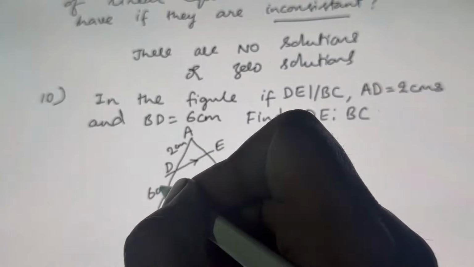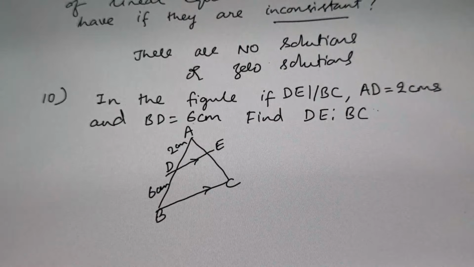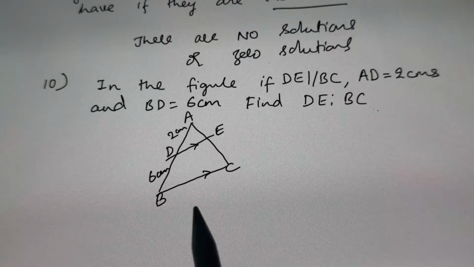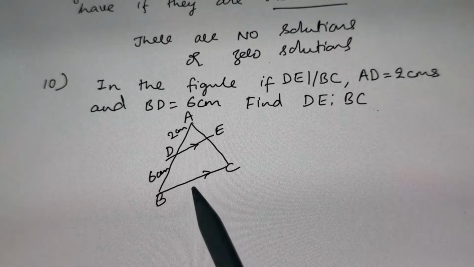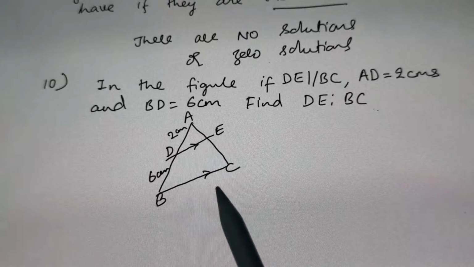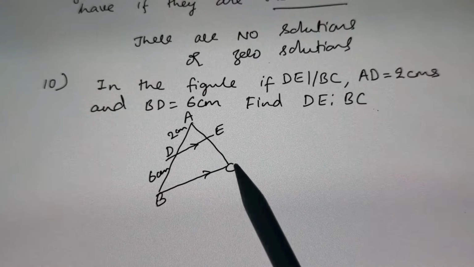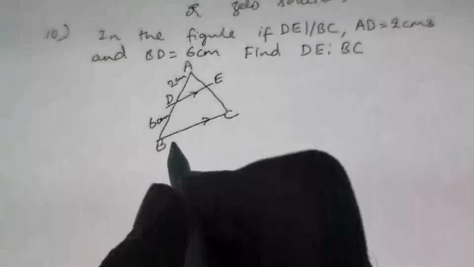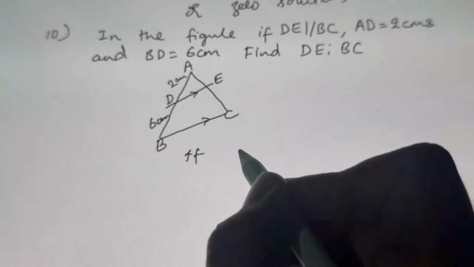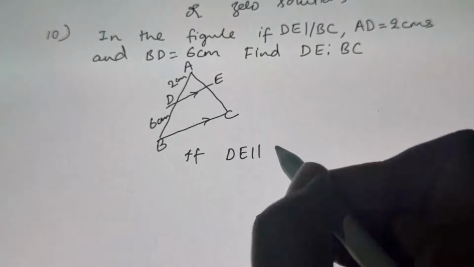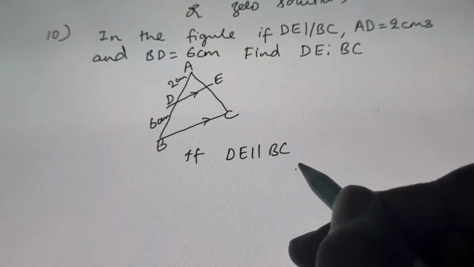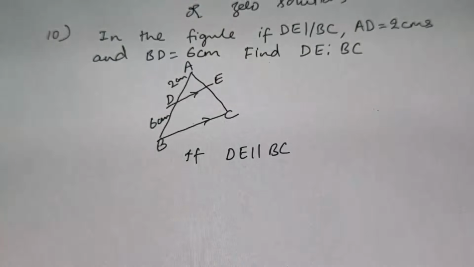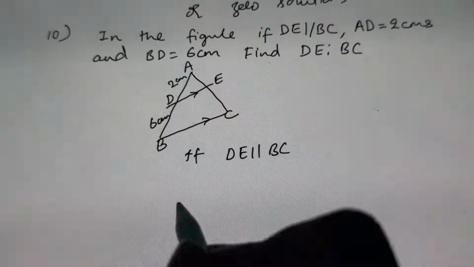This is 6 centimeters. From the given figure, you can see you have a triangle. In that triangle, DE and BC are parallel. So if DE is parallel to BC, then we have to use the corollary of basic proportionality theorem.